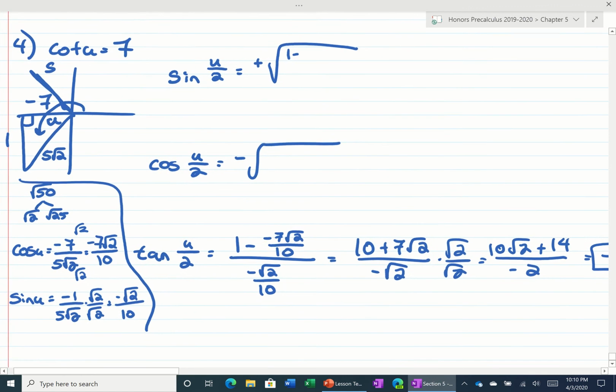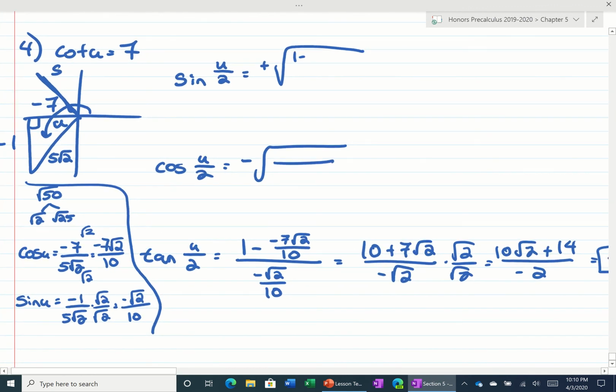Let's do these other ones here too. All right, let's see what this comes out to. If we multiply the top and bottom by 50, we would get a perfect radical in the denominator.